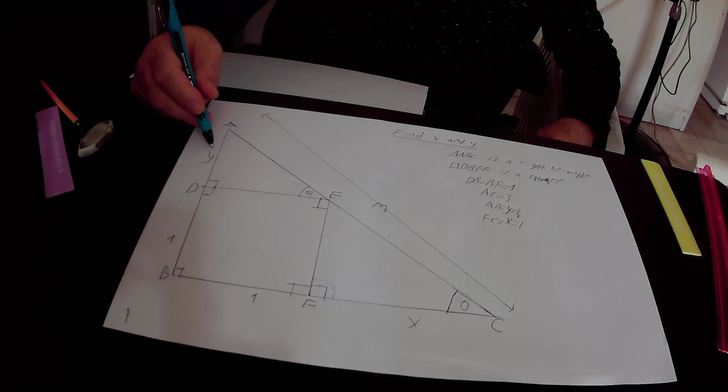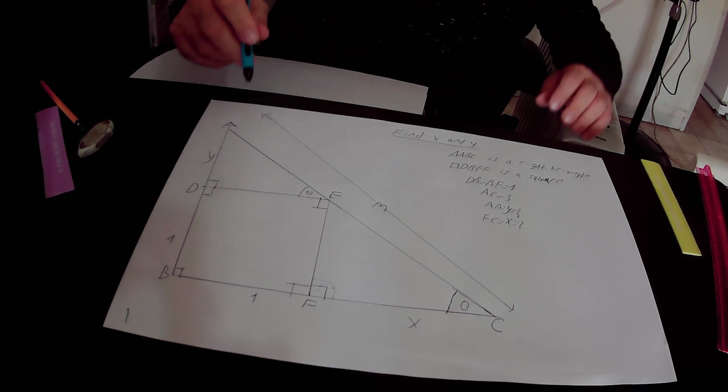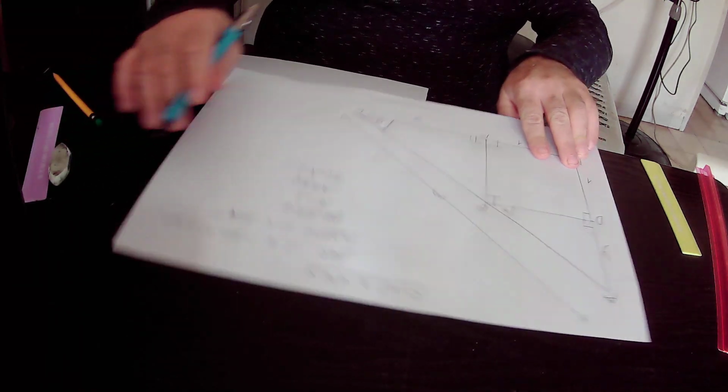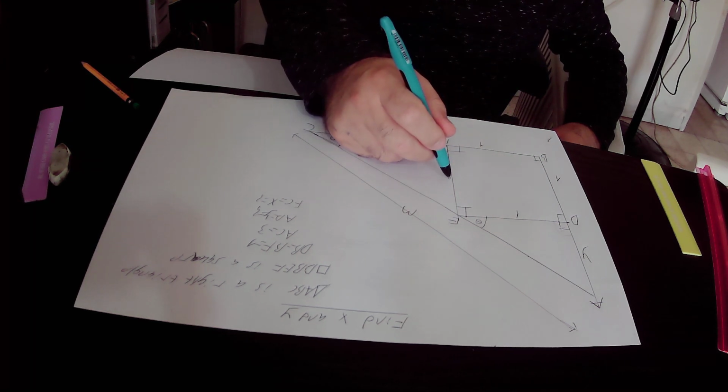But AD equals Y according to what is given in the question, and DE equals 1 because all the sides of a square are equal to each other. DE also equals 1 unit and FE also equals 1 unit.